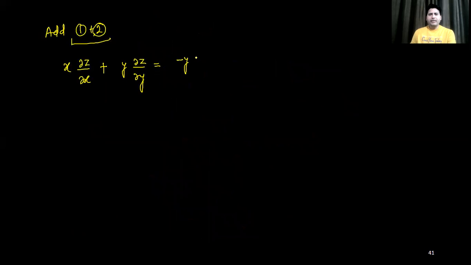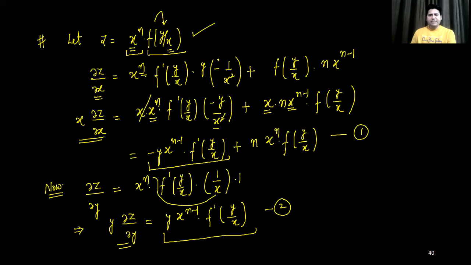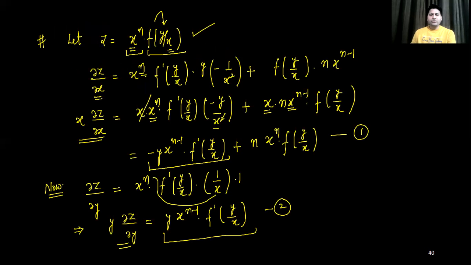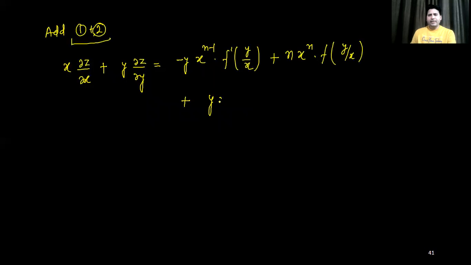Minus y into x power n minus 1 into f dash y upon x plus n into x power n into function of y upon x, plus equation number 2, y into x power n minus 1 f dash y upon x. This got cancelled by this much. What is left? Only this result.